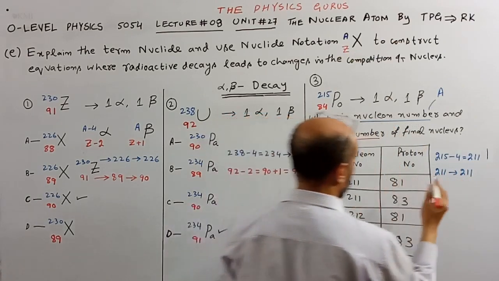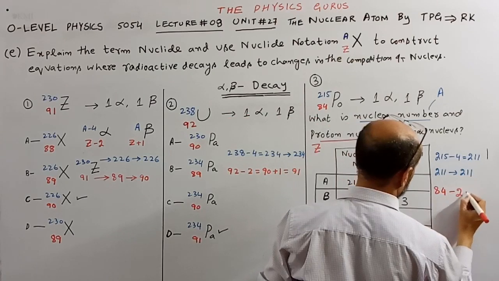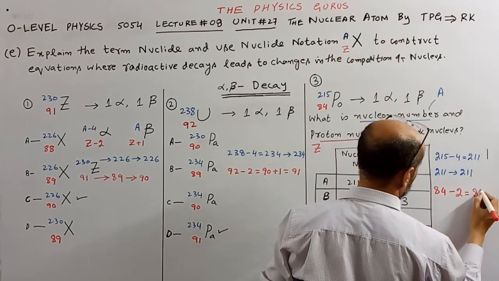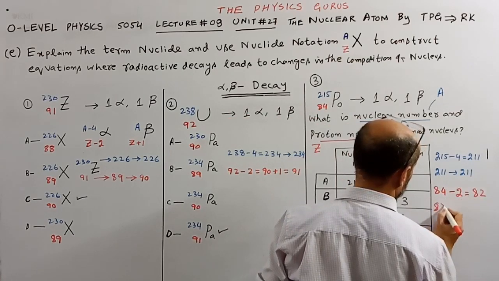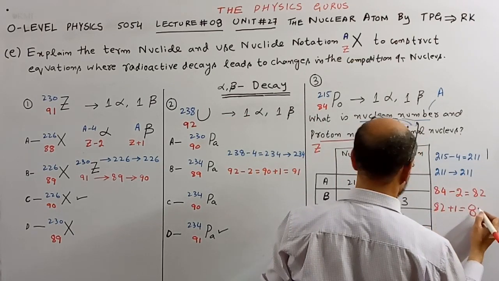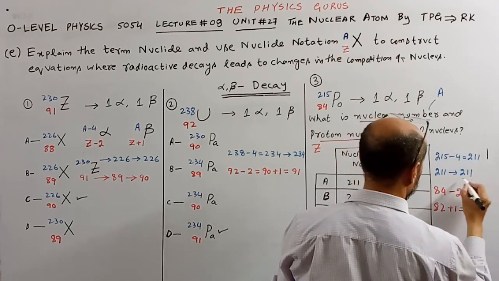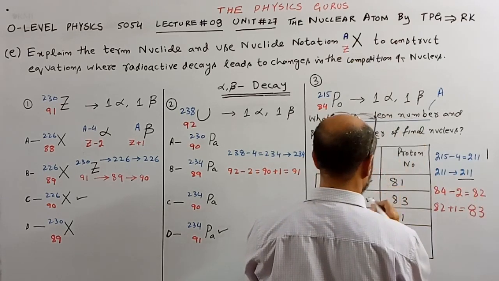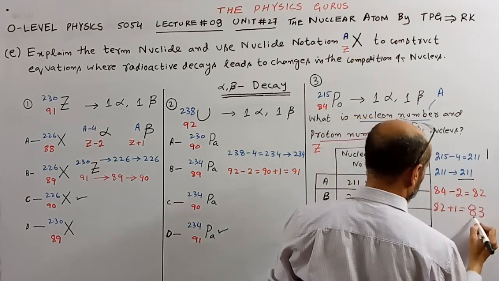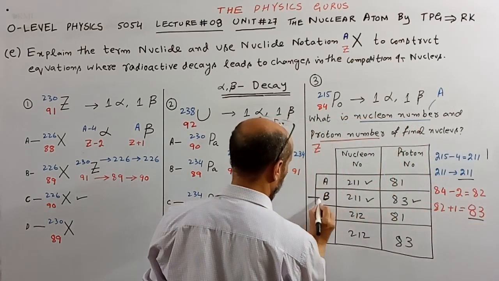For the value of Z, 84, for alpha emission minus 2, that is 82, and for beta emission 1 will be added, then it will be 83. So 211 and 83. So which option is the correct option?